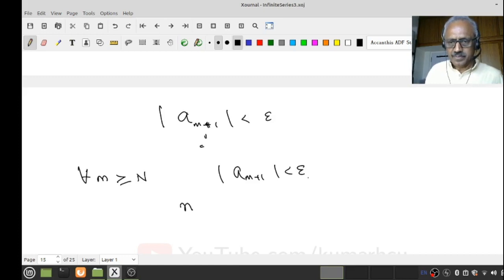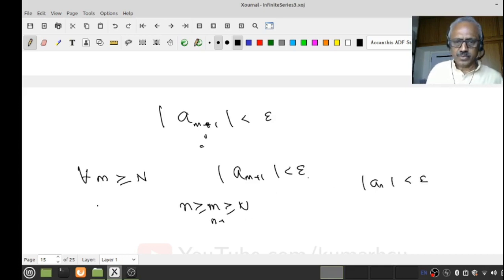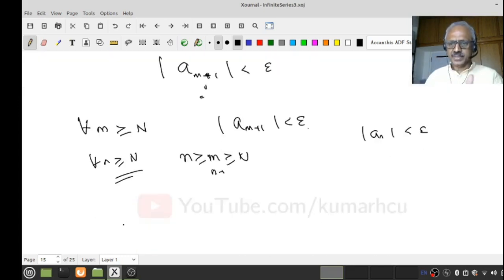Right. See, for all n and m greater than or equal to capital N, something happens. Now I am choosing m to be n minus 1 itself, such that n minus 1 is greater than or equal to N. Right, then what happens? The mod a_n is less than epsilon. So for all n greater than or equal to N, this is a true statement.